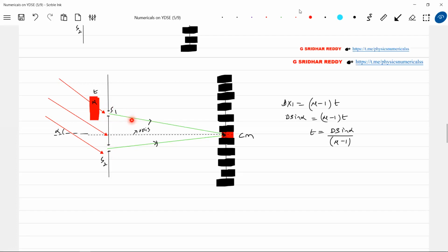If I put a slab here, I would have to bring a stand to hold it, and the pattern would not come. So we take a glass sheet of the order of a micrometer, very thin. Or it can be made of plastic where I can adjust the value of mu to a certain value. That plastic sheet I'll stick onto it here. That is enough.